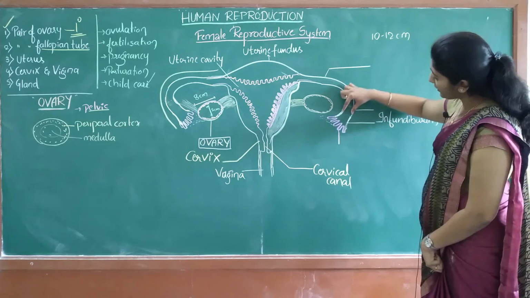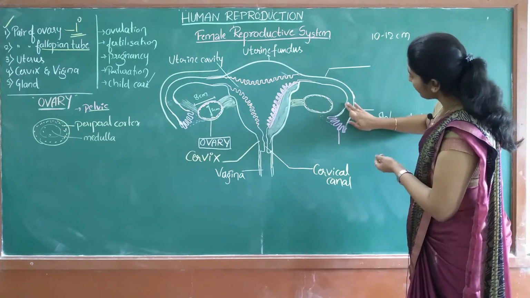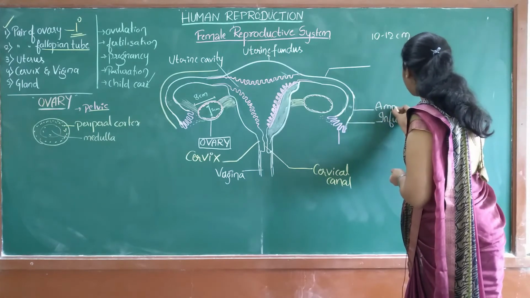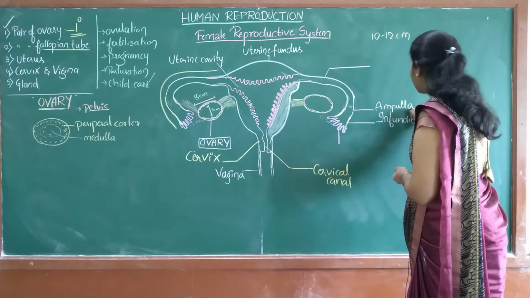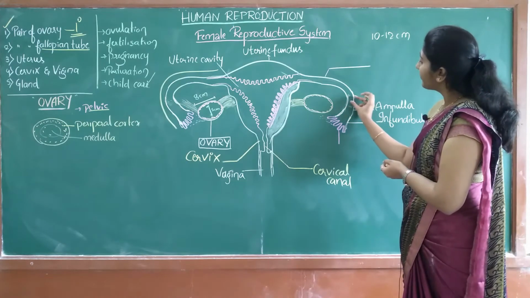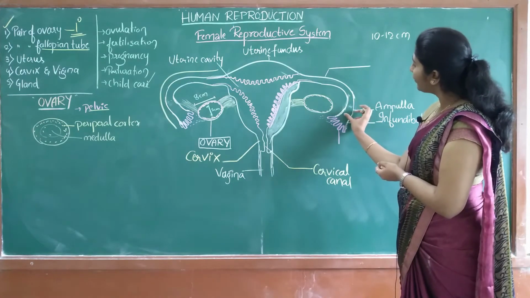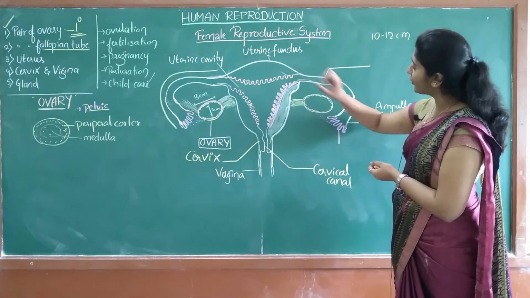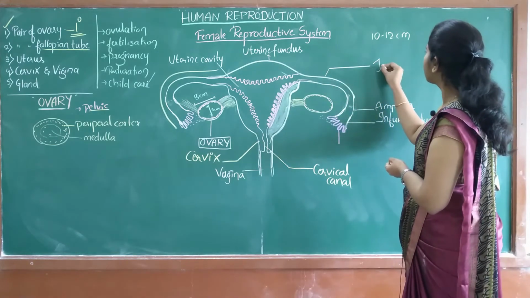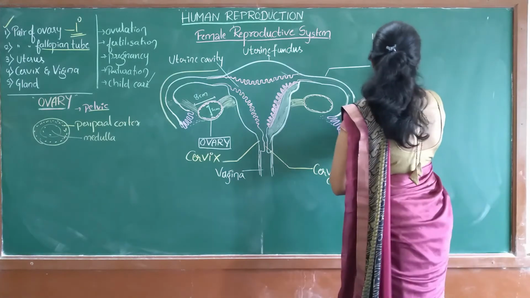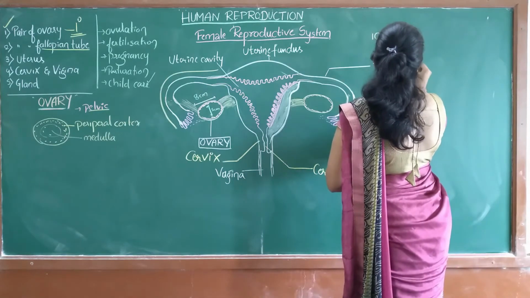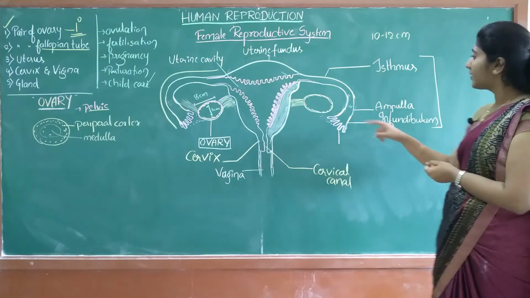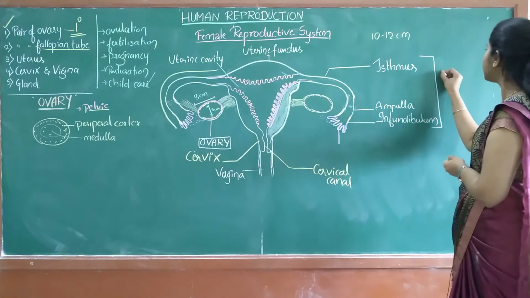This wide structure is called the ampulla, and as it goes here, the ampulla, the wider part, is narrowed into a small tube. It is called the isthmus.